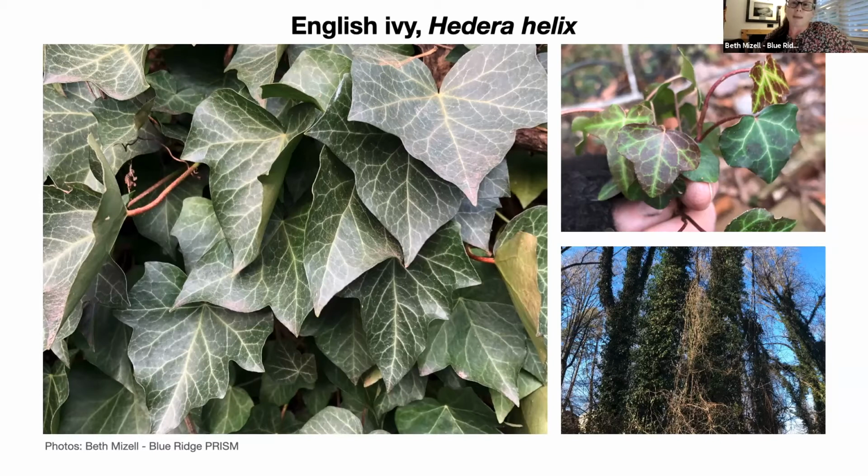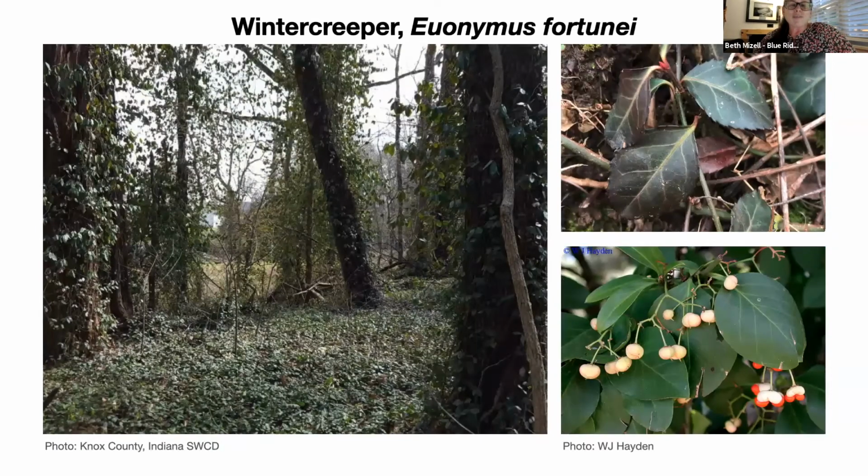So maybe the birds in Fire Springs ate those berries and brought them over here to Fifeville, and I have to keep pulling seedlings out of my gardens. Winter creeper is another invasive vine that likes to break trees. It's very similar to English ivy in its growth habits. It's evergreen, it climbs trees, and it smothers plants. Birds also disperse the seeds widely.